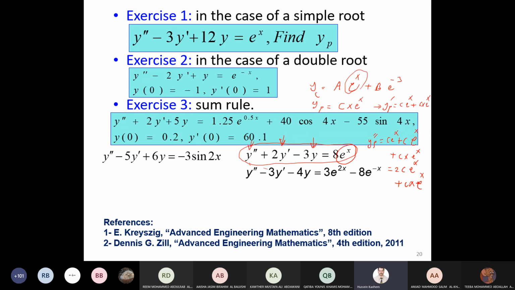Have a couple of minutes to find c. Anybody found c?